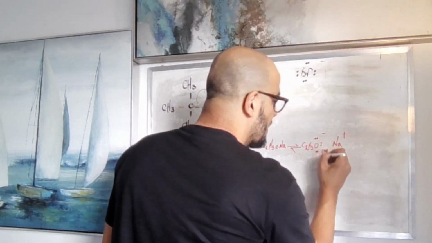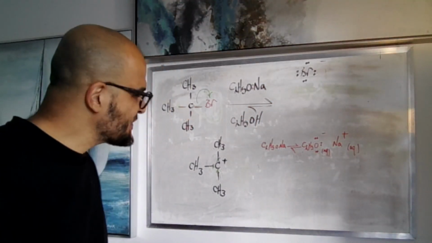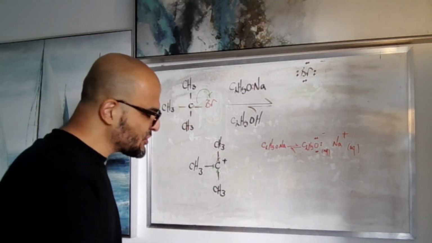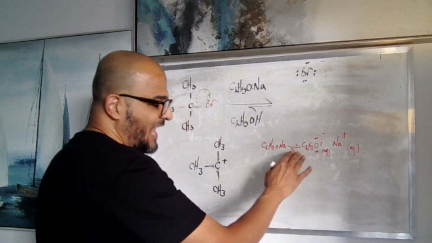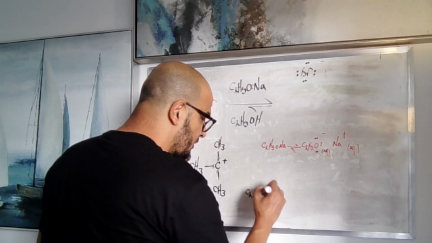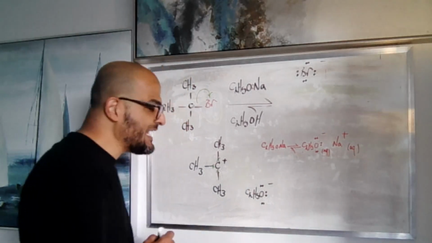Both of them are in aqueous form because they are in the solution. So the structure that we had, which we call ethoxide in the solvent, becomes negative thanks to the presence of the solvent.